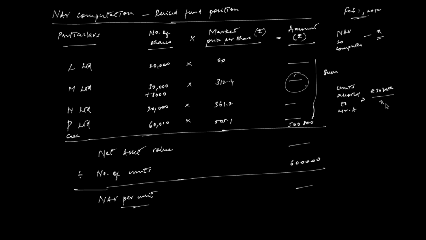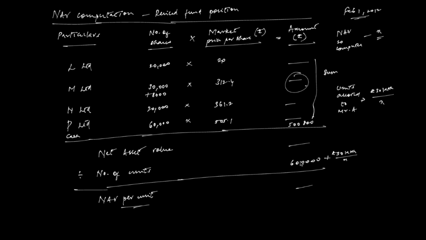And what is the rate? It is X. So it will be 30 lakh by X. That will be the additional units allotted to Mr. A. So number of units will be 6 lakh plus 30 lakh by X, and X is the NAV per unit on Feb 1, 2012.